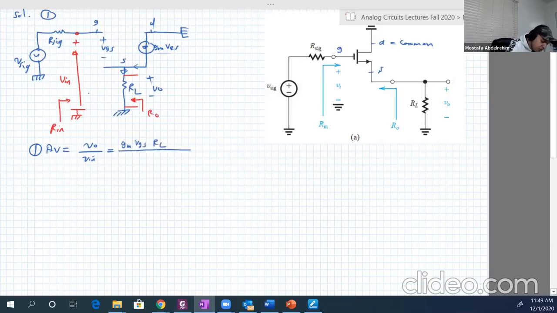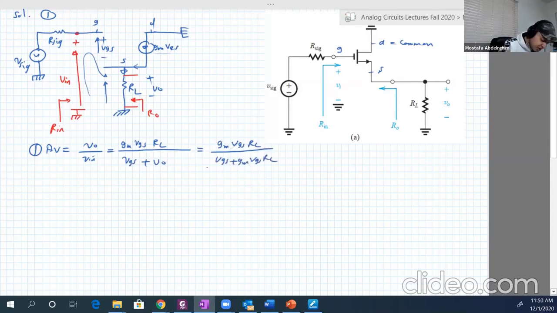V input is from that loop. It's equal to VGS plus V output, and V output is gm VGS RL. So VGS with VGS will go away. So AV is equal to RL over RL plus 1 over gm.